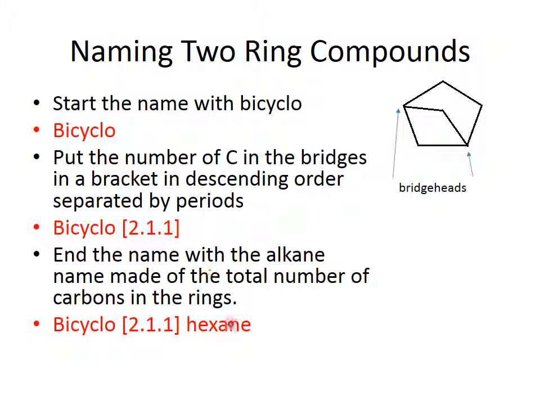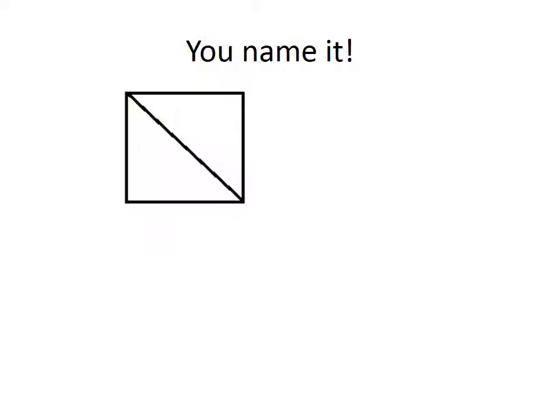And then I end with hexane because there's 6 carbons in it. So I'm going to ask you to try to do this. You're probably going to make a mistake the first time. Don't worry about it. You'll learn it. But you go ahead and name this one in the same method. This is a bicyclo compound, so name this as a bicyclo compound, and then restart the lecture to find out what the answer is.